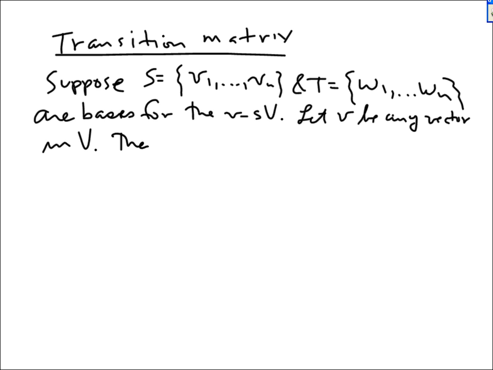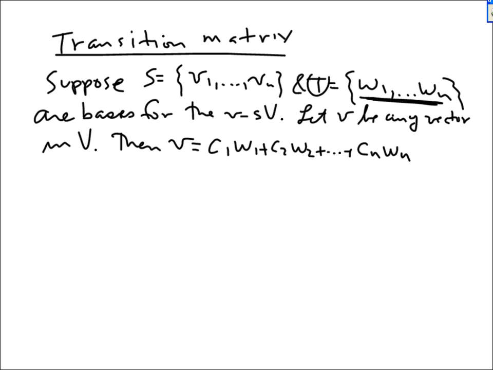What we can then say is that little v can be written uniquely as a linear combination of the vectors in T. So v is equal to c1w1 plus c2w2 all the way up to cnwn. Well, that implies that the coordinates of vector v with respect to the basis T is just the scalars.